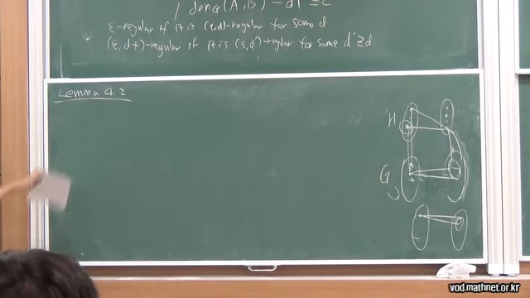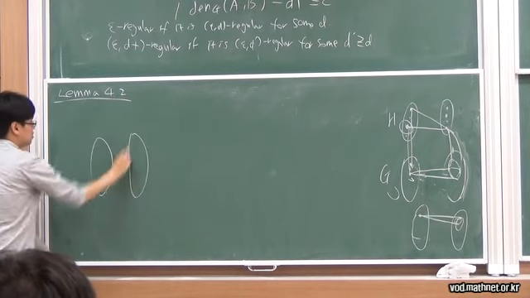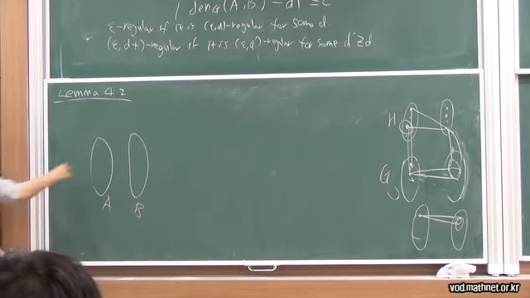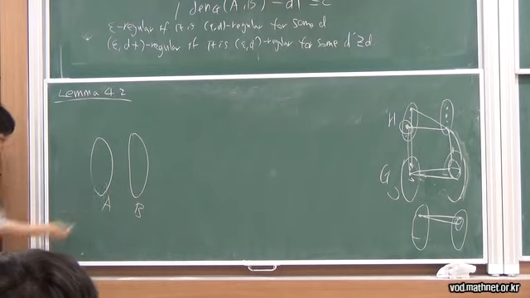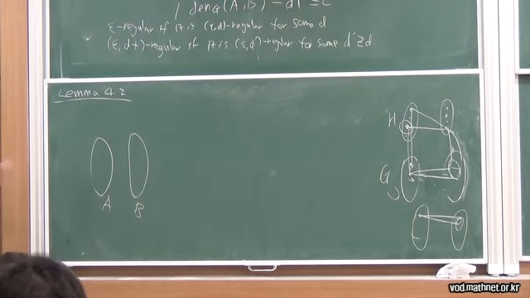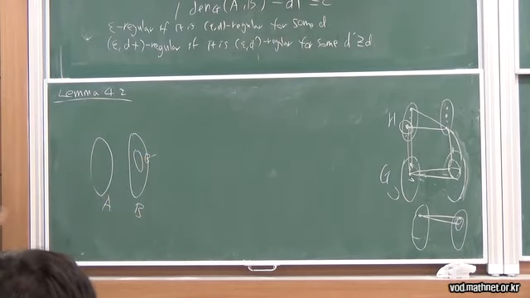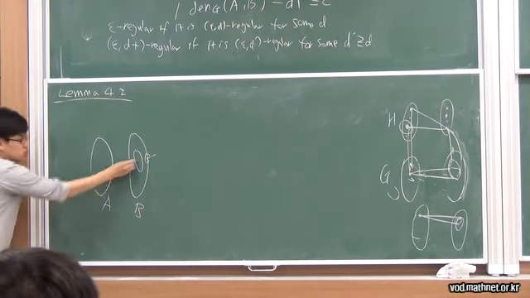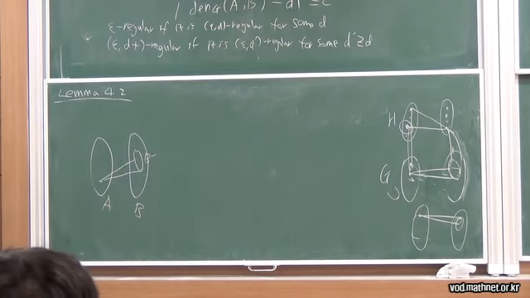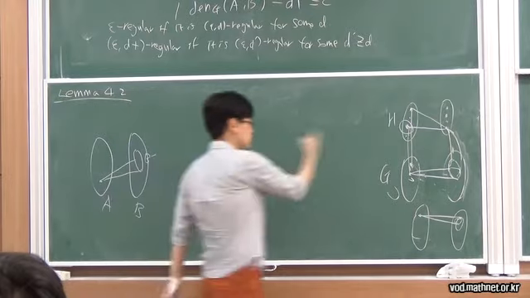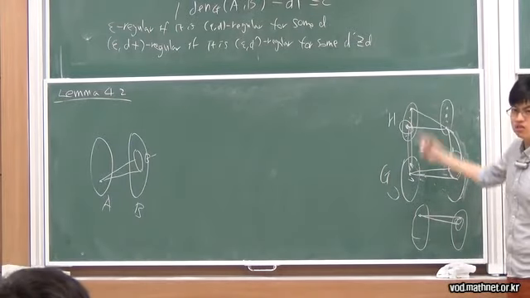So what we want to do is, when we have A and B, which is epsilon regular, then whatever set, say B prime, we take from B, we want to show that there are many vertices in A which have large neighborhoods inside of B prime, not only in B. Then it will be useful later in this manner.